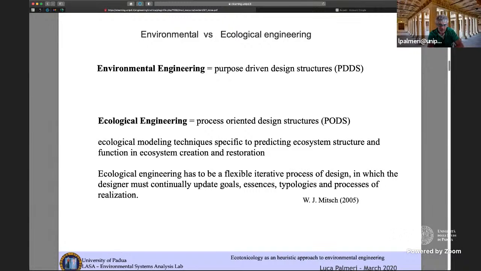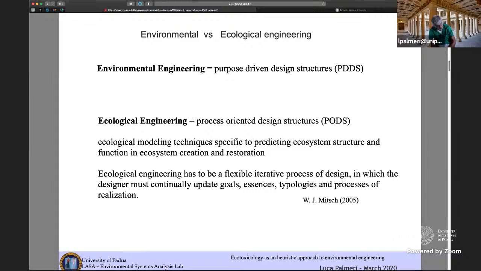Ecological engineering has to be a flexible, iterative process of design in which the designer must continually update goals, essence, typologies, and processes of realization. This is the definition given by Mcesy in 2005, in which Mcesy tries to explain the role of ecological modeling in environmental engineering, and we may call this role ecological engineering, that is a process-oriented approach in designing structures.